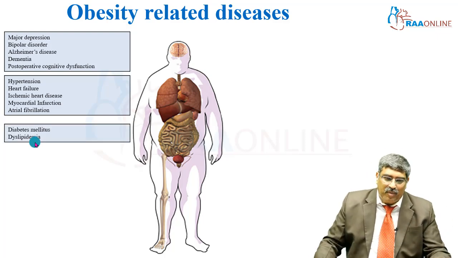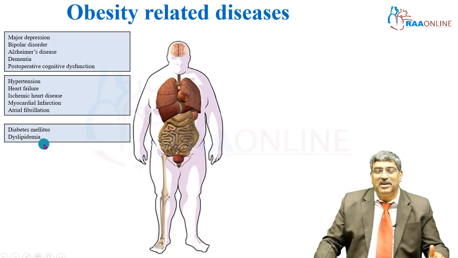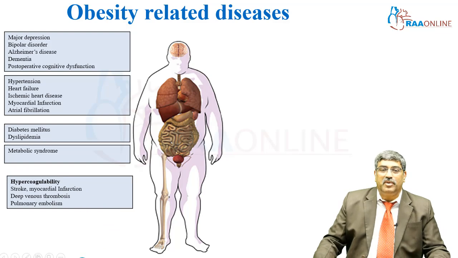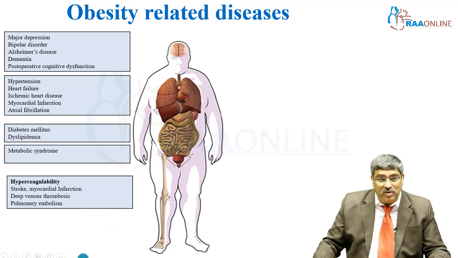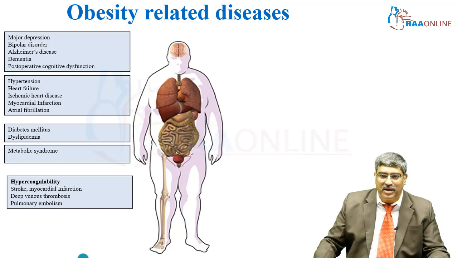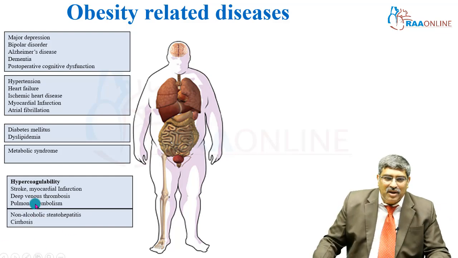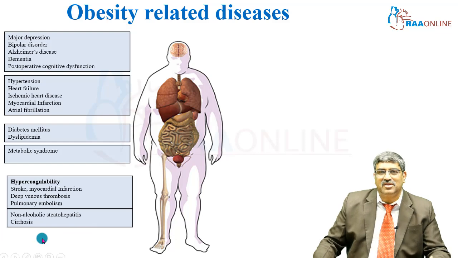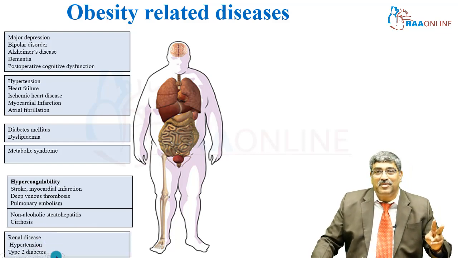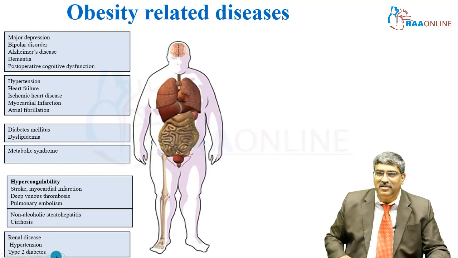At the metabolic level, you have diabetes mellitus, dyslipidemia, and a hypercoagulable state which can lead to ischemic stroke, myocardial infarction, deep vein thrombosis, and pulmonary embolism. And you can develop cirrhosis in the liver. With renal, you can have type 2 diabetes mellitus as well as hypertension.